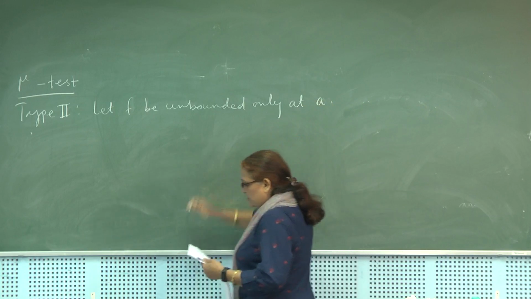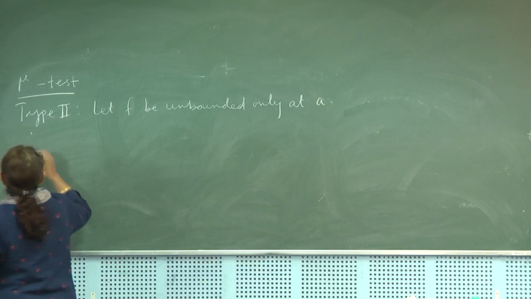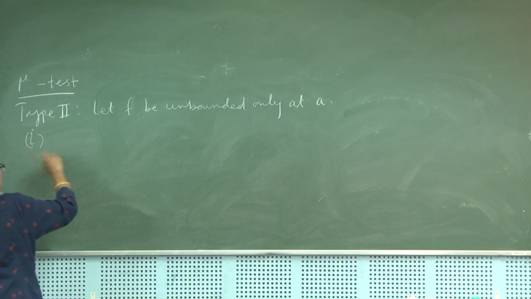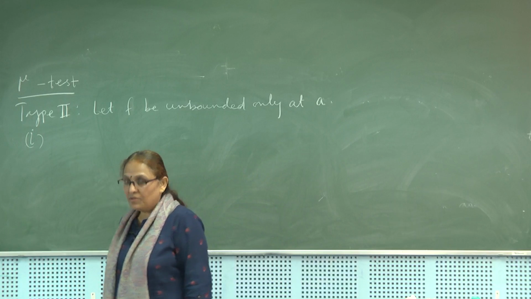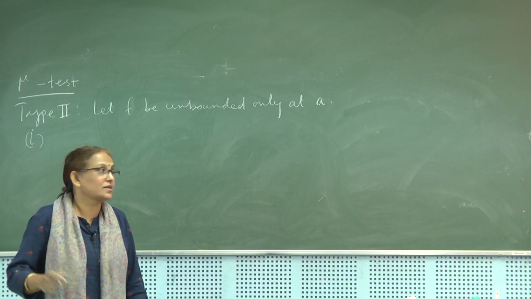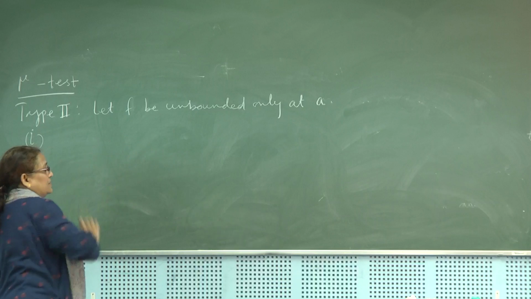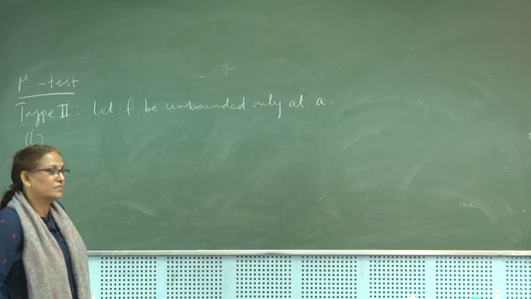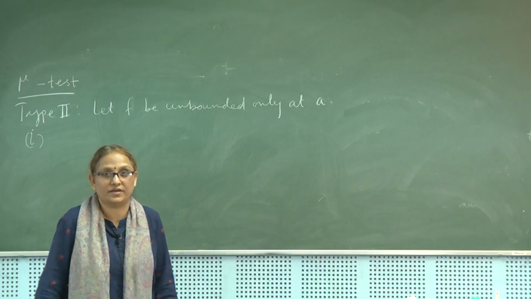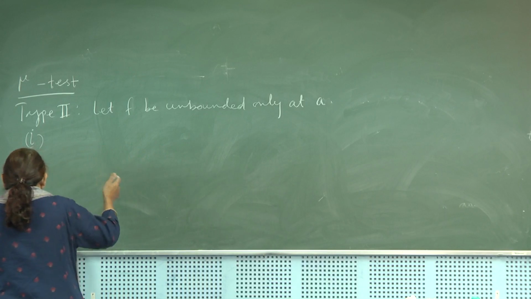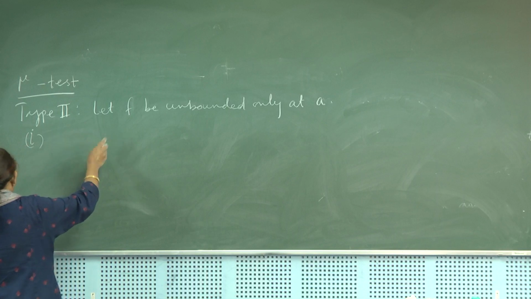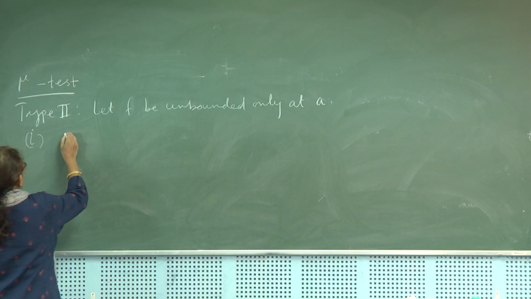So, in this case the mu test will be like this. First we shall consider the convergence of the improper integral from a to b, integral a to b f x dx. For that convergence, what situation should we have, or what should be this real number and what limit are we going to test?